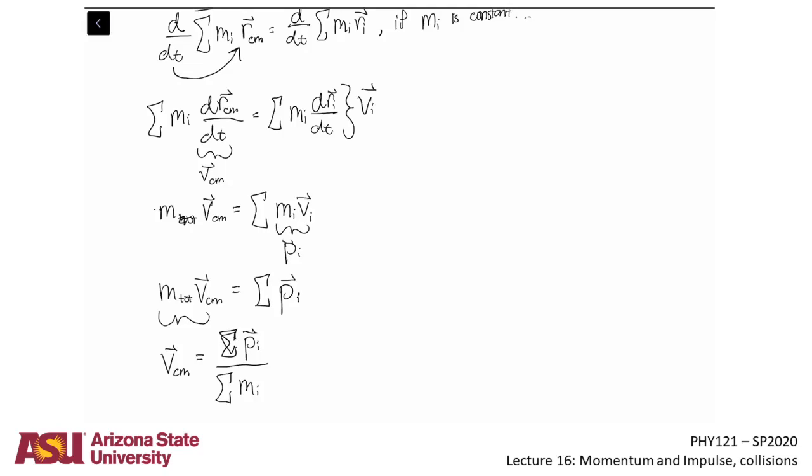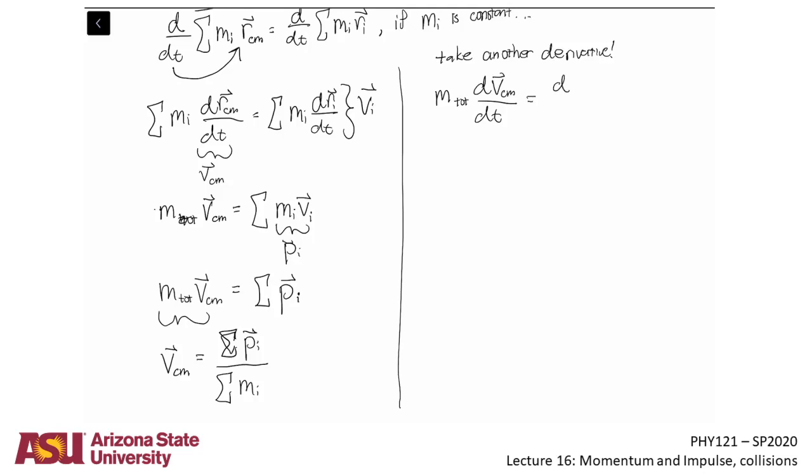We can also do something else that's fun. Let's take another derivative. So now we have m, the total mass, and we're just going to take a derivative of the center of mass velocity. This is equal to the time derivative of the momentum. I'm going to write the right side of this equation a little bit differently.